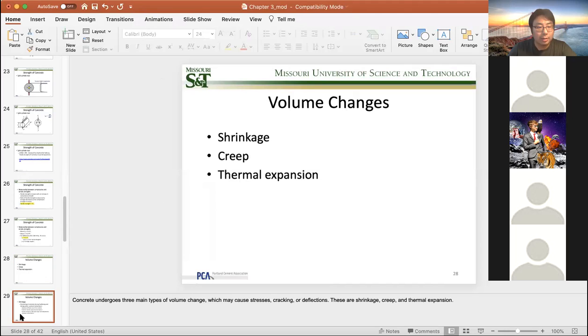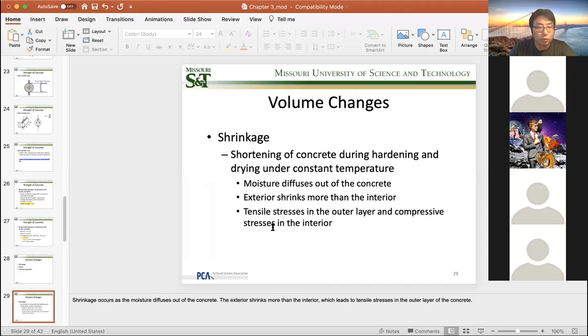All right, so talk about shrinkage. What type of shrinkage do we have? First, we have the shortening of the concrete due to hardening and drying under constant temperature. Moisture, meaning water, comes out of the concrete through diffusion, and the outside surface shrinks faster than the inside.